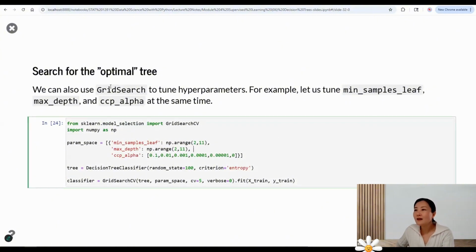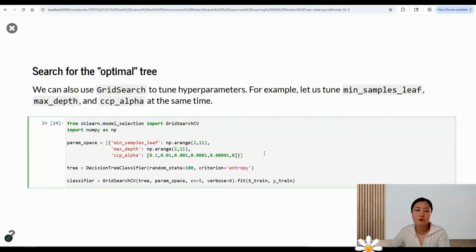All right, and then search for the optimal tree. We can tune the hyperparameters so that the out-of-sample prediction error is minimized. That is usually the goal of tuning your model. So let's consider three hyperparameters: min samples leaf, max depth, and ccp alpha. We will use a grid search to find the optimal combination of these three hyperparameters.